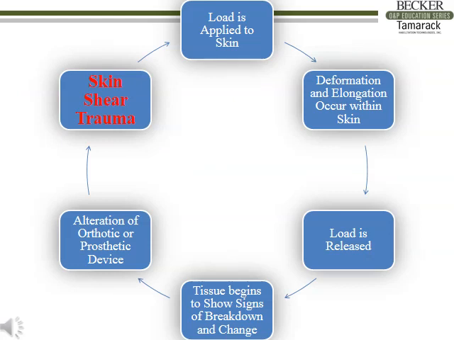When looking at the development of skin trauma, it is typically repetitive in nature, with the exception of puncture-type wounds. As the skin contacts a surface, an undetermined load is applied to the skin, which results in deformation and elongation. Most skin trauma from orthotic or prosthetic wear is caused by repetitive loading.